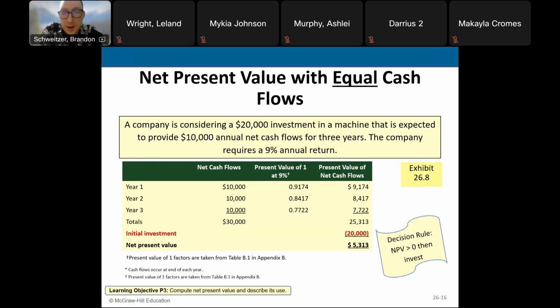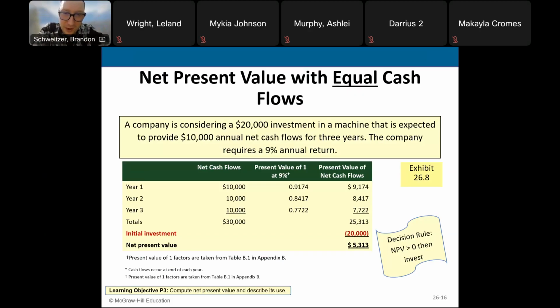So 1 minus the 9% for year 1 is expressed in the table as 0.9174. It's an annuity table, right? So we take that 0.9174 times the 10,000 gets us 9,174. And then we follow that same process each year using that annuity table.